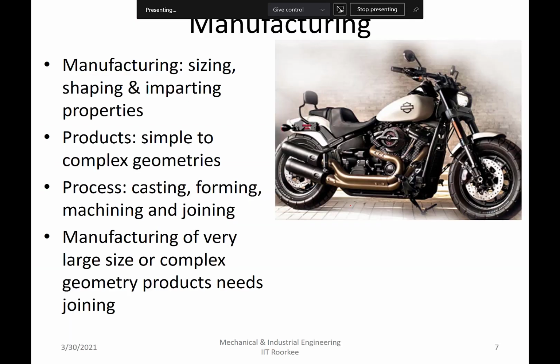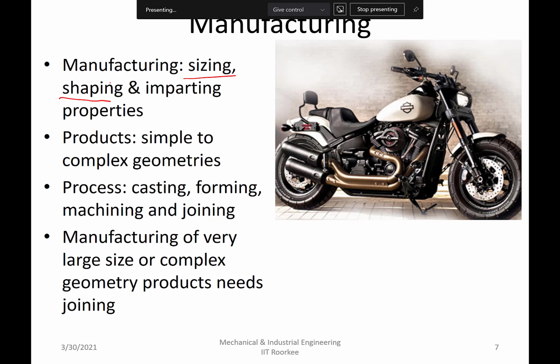See, manufacturing is primarily used for making goods, making products which can be used by human beings. We'll be using raw material in the form of metals, plastics, woods. Whenever we do manufacturing, we'll be changing the size as per our need, and we'll be shaping.